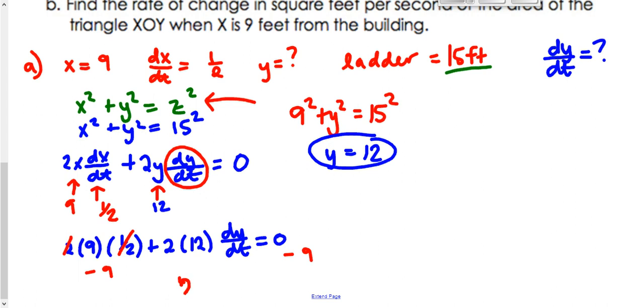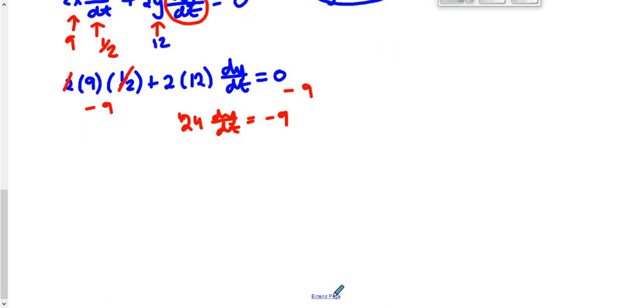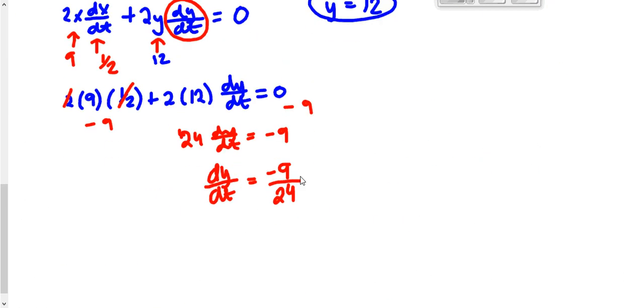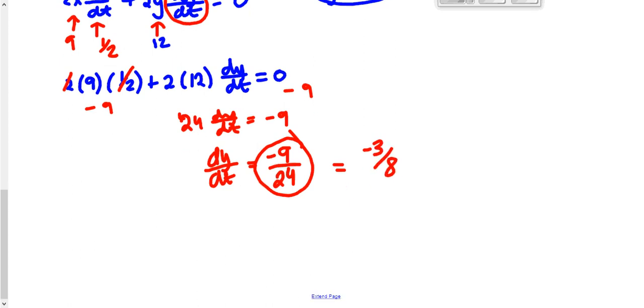So we have 24 dy/dt equals -9. Divide over 24, so dy/dt is -9 over 24. Did they ask for units? Nope, they just said what's the rate. There we go. That's it. If you wanted to simplify this, which you can leave it because it's an FRQ, but that would be -3/8 if you wanted that.